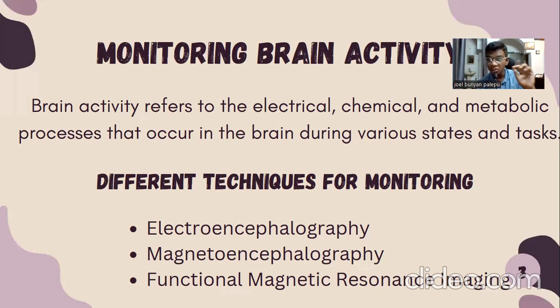Based on this principle, by tracking the changes in the blood flow, we can understand and monitor brain activity to some extent, right? So that is functional magnetic resonance imaging.